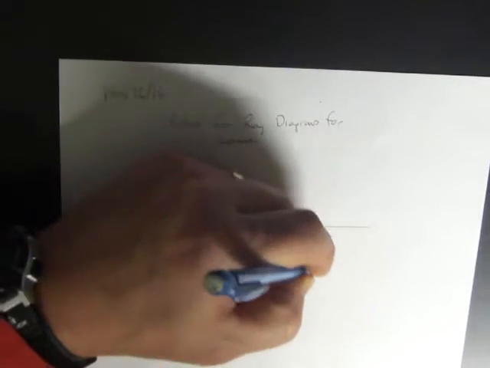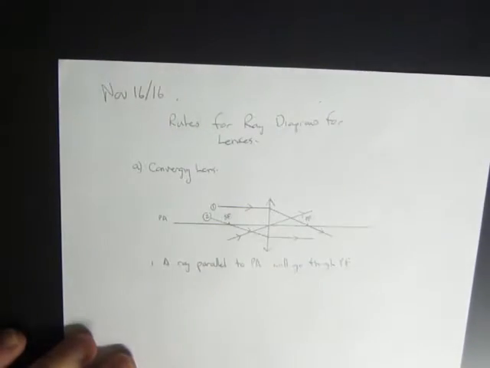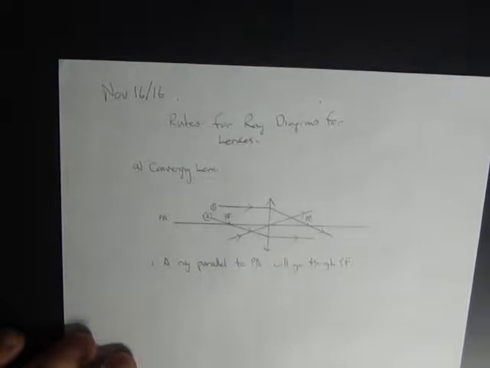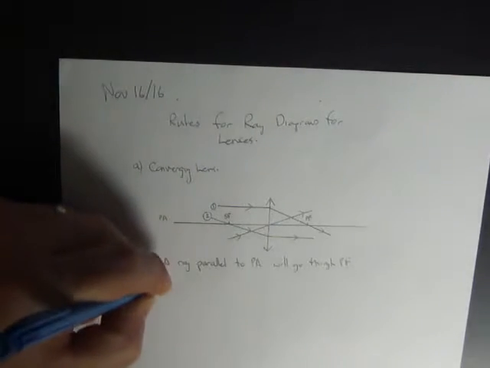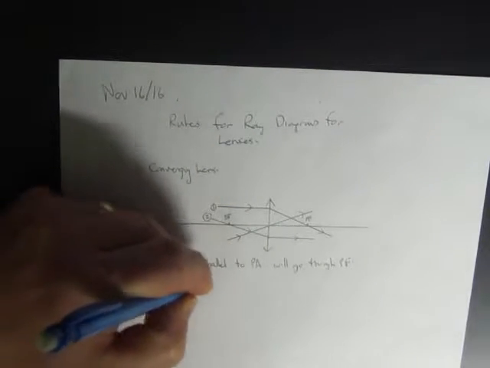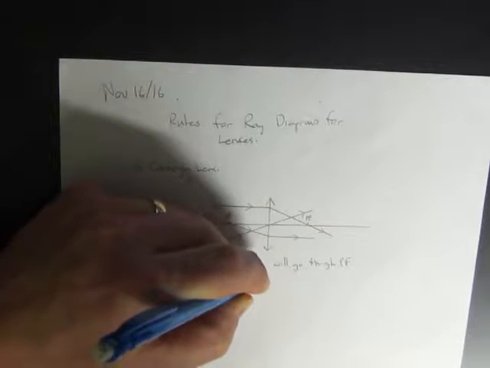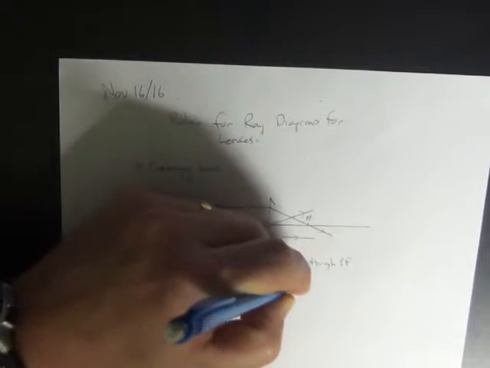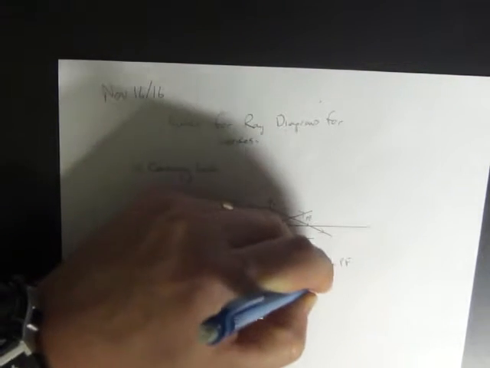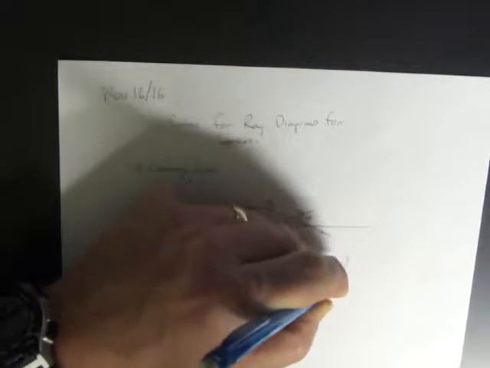A ray parallel to PA will go through PF. A ray that goes through SF will emerge.